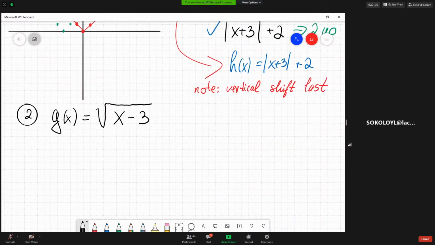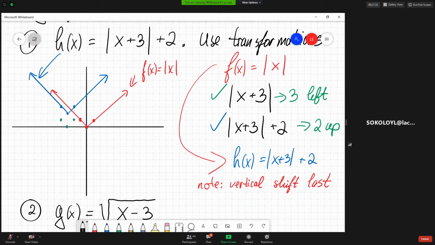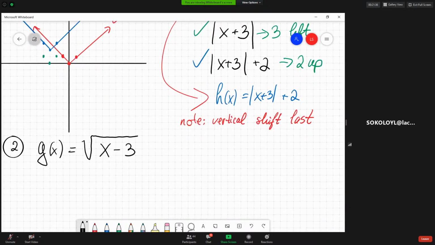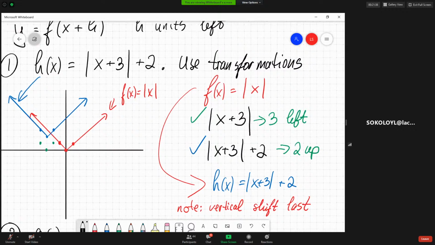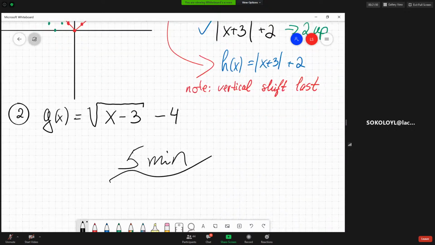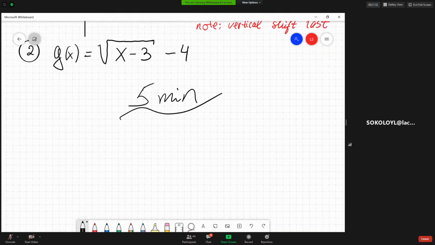And which one do we have here? We had plus 3, so yeah, minus 3. And this will be minus 4. And the square root ends here, of course. So take 5 minutes, and again, using transformations, go ahead and graph this g of x, and then we'll go over it.